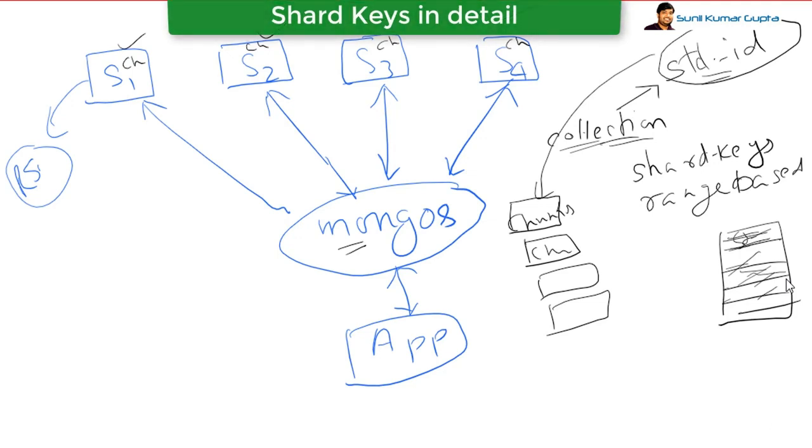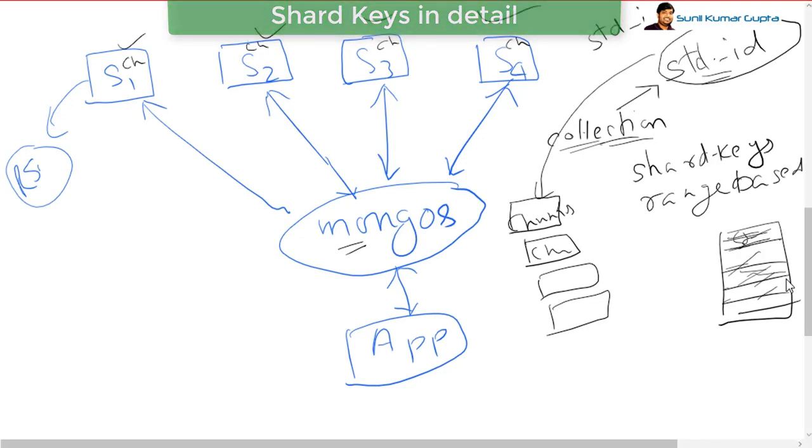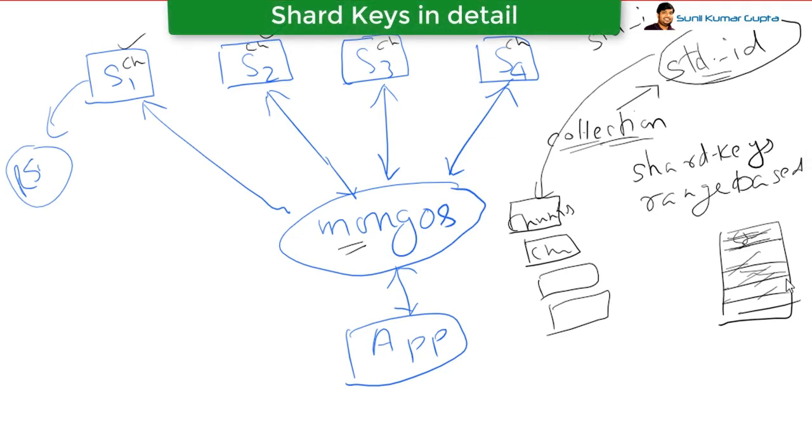Suppose I want to query for student ID equal to 10. When the application queries for student ID 10, mongos has access to all the shards and the chunks.